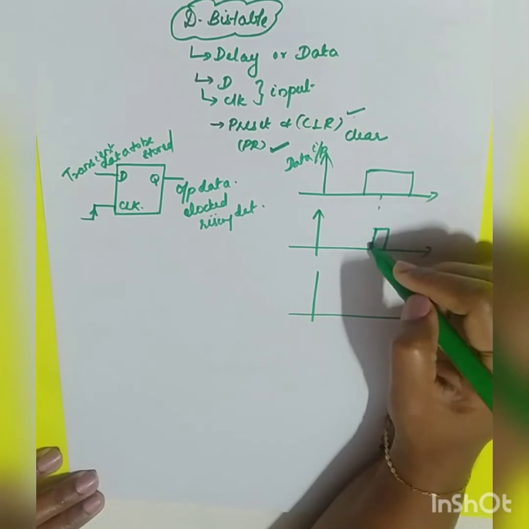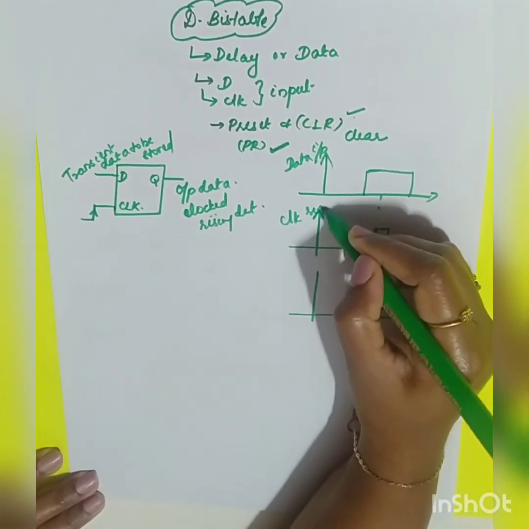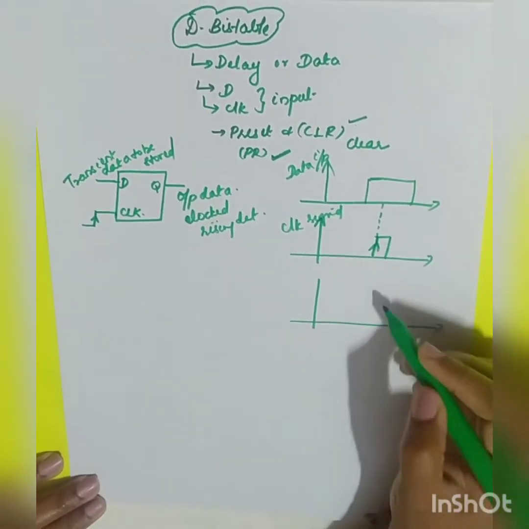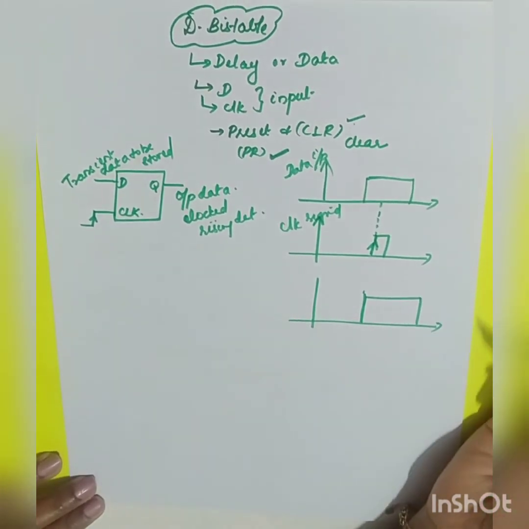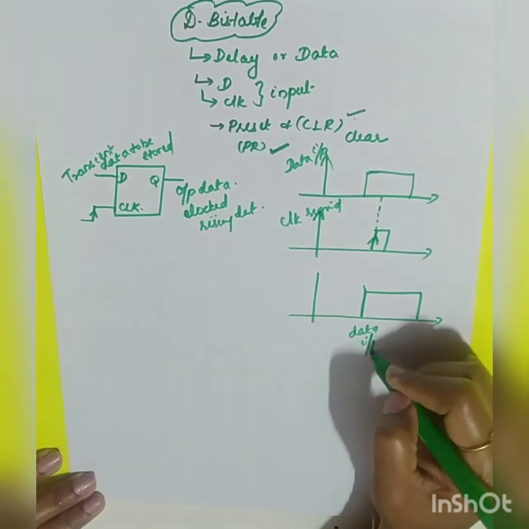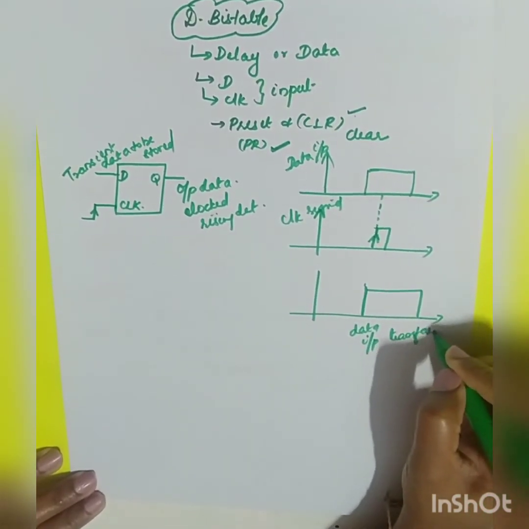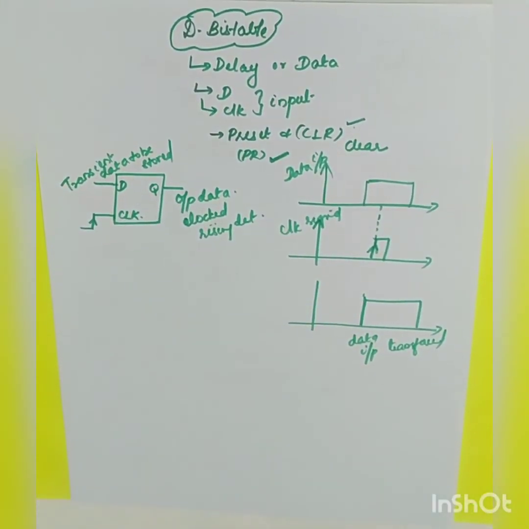During the rising edge, if this is your clock signal, only during the rising edge the same data will be transferred. So this will be your data input transferred. This is the use of the D bistable, or it is called your delay bistable.